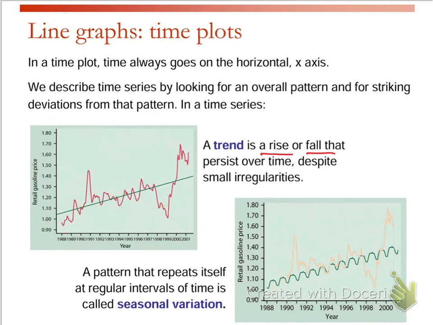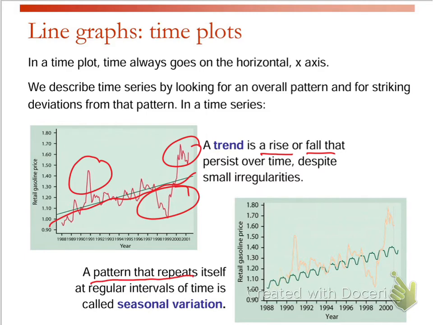Here we have one irregularity, here another, and here another, but the trend itself is going up, a rising trend. And the deviations are almost all very close, except in some areas, with some irregularities here and there. We also have a pattern that repeats itself.